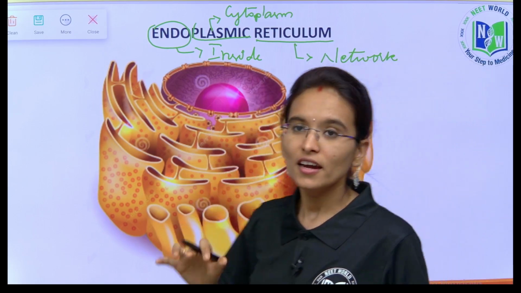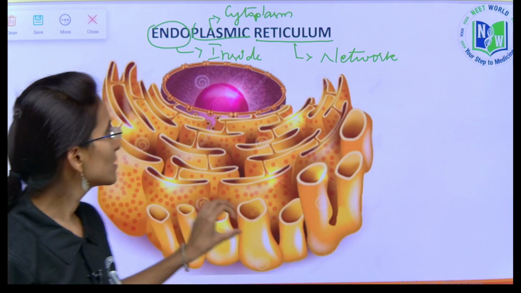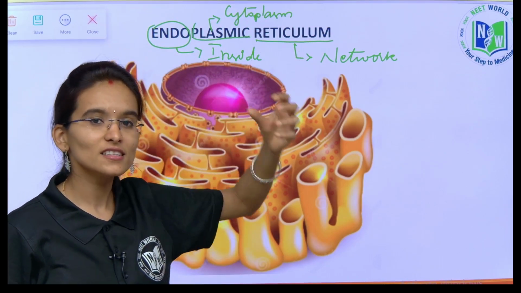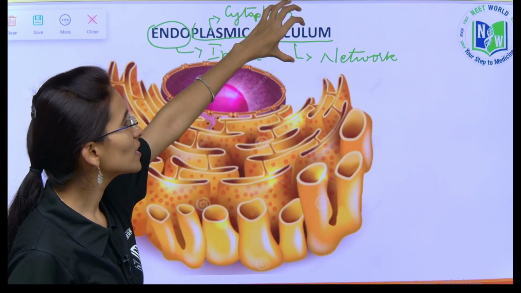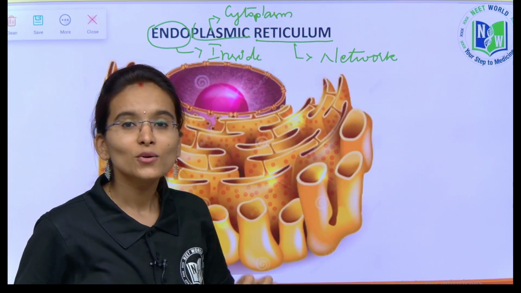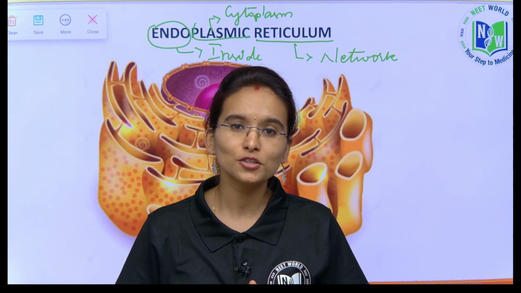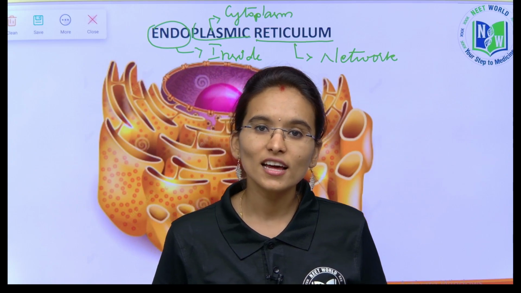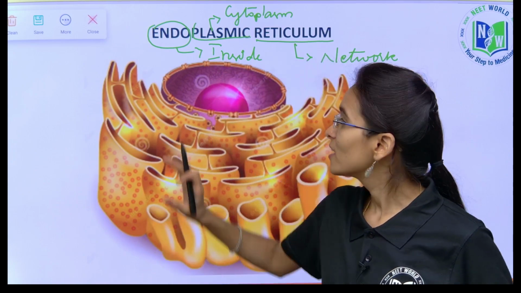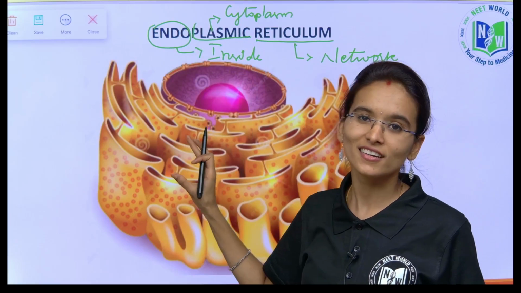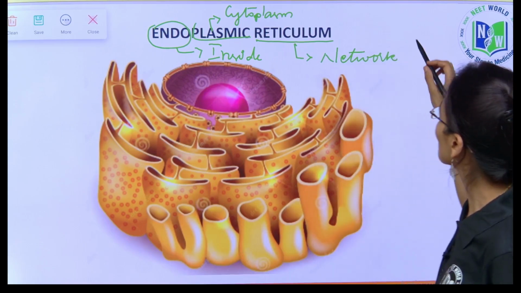Clear, children? Endoplasmic reticulum means, endo means inside, plasmic means inside the cytoplasm, and reticulum means network. So inside the cytoplasm there is a network-like structure present, that is called endoplasmic reticulum. Clear with this term? So let's discuss this cell organelle in detail.